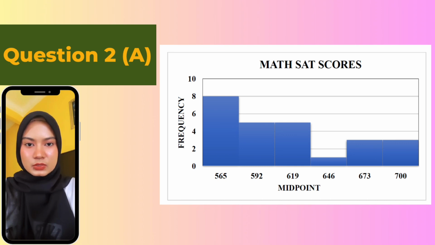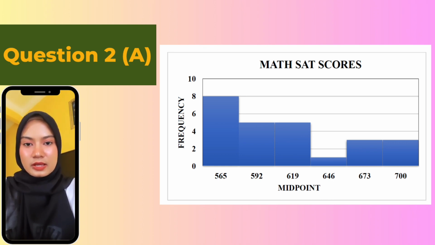So, this is the histogram of Math set score using a midpoint at axis X and frequency on axis Y. For the first class, the midpoint is 565, the frequency is 8.